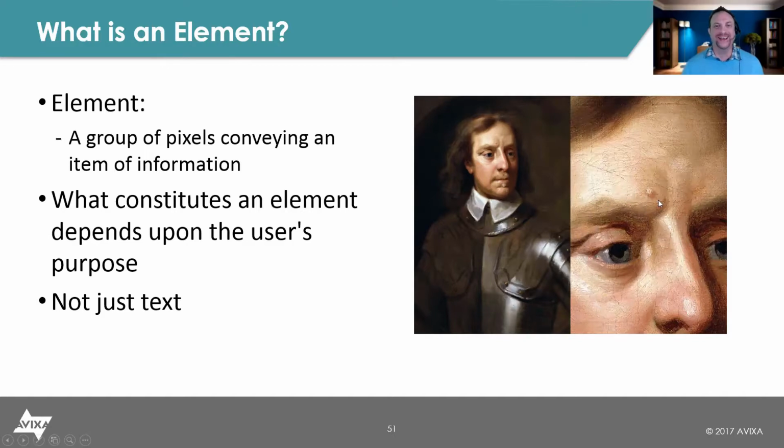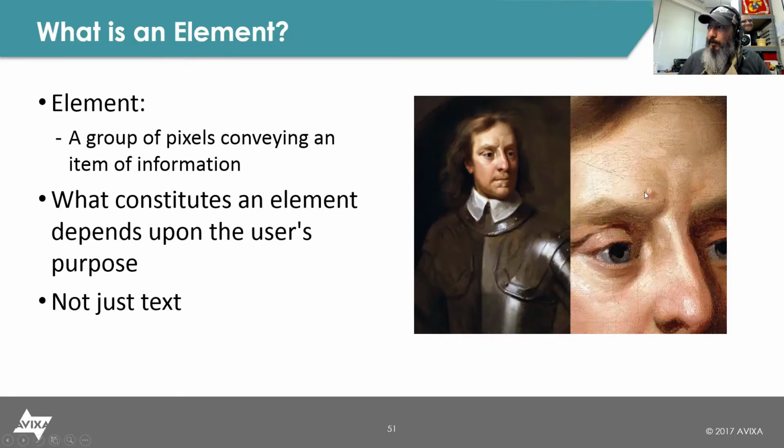Because he had the mole above his brow, he was a royalty, a lord or something like that. If he had it on his chin, he would be lower in the hierarchy. Okay. So if I'm looking at this mole here, this mole is like 0.5%. So I blow it up so I can see it better. Now this mole is like 1.5 to 2% of the overall height of this screen.